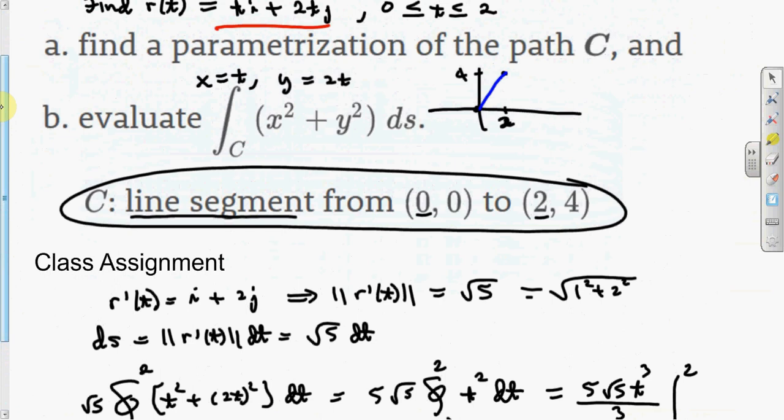It's just based on the line segment. This line segment goes from (0, 0) to (2, 4). This is based on that. Whatever t is, y is twice that. All right? Yes, ma'am. Yes, sir.